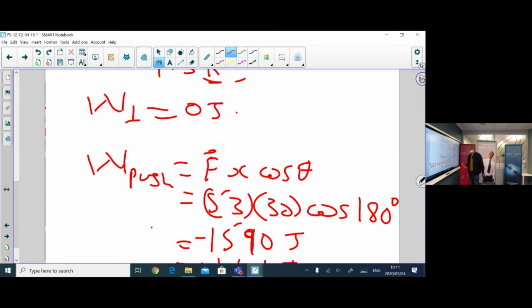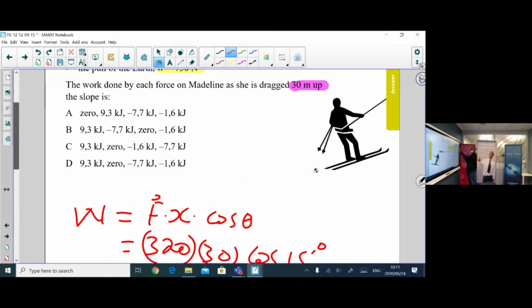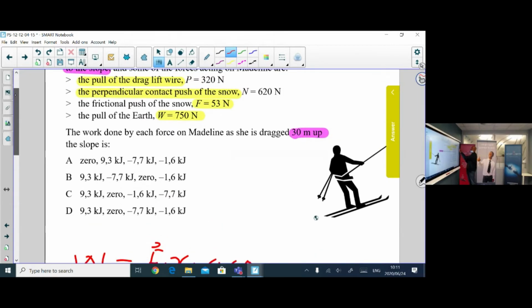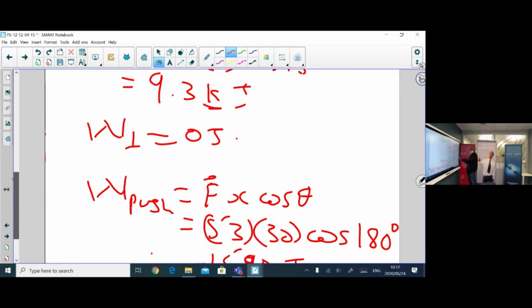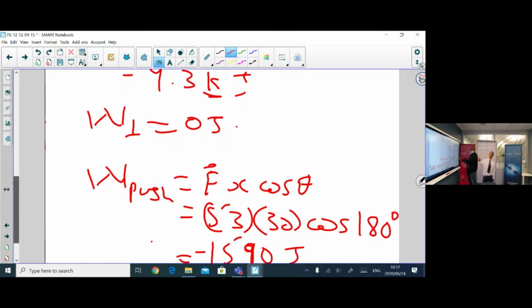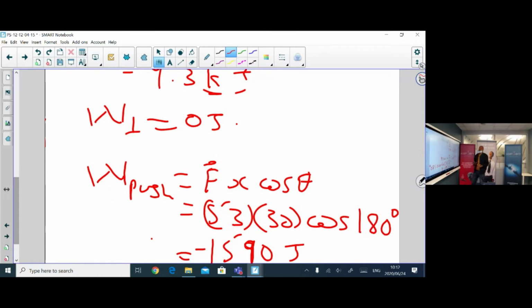If you can just look at that, we have to substitute with the given values up there. We have the force of 53, the frictional force there, and then distance is the same as 30 multiplied by cos 180, for us to get the negative, because it's friction.